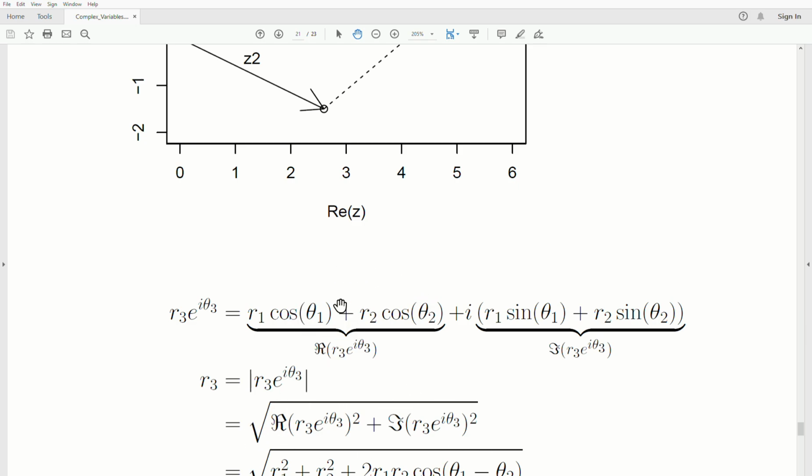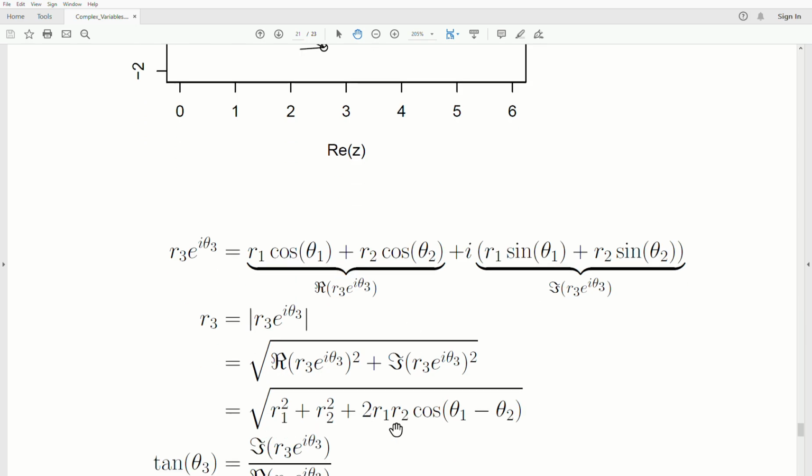But if you square this and square this, it boils down to this. So at some point you get cosine squared plus sine squared, and those are ones, and that's what this is. But then the cosine of the difference of the angles is a trig identity that you have to use to simplify. And that's it.